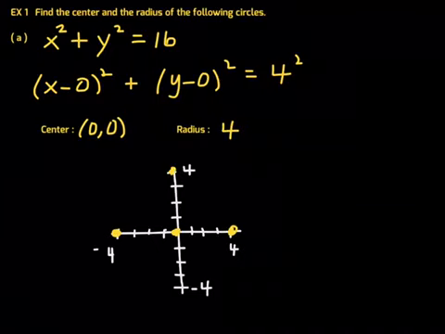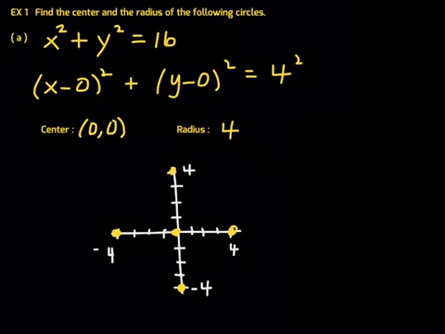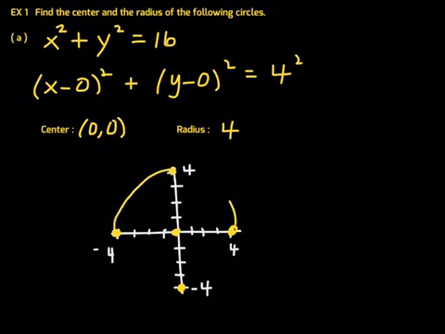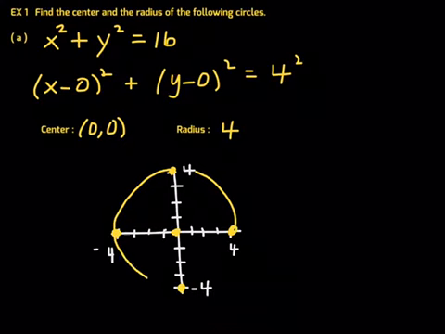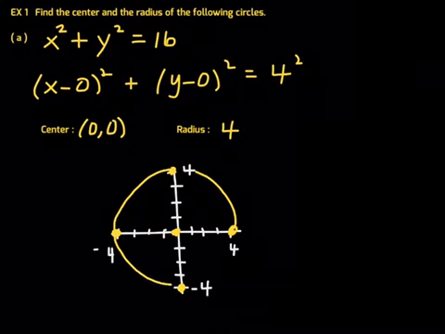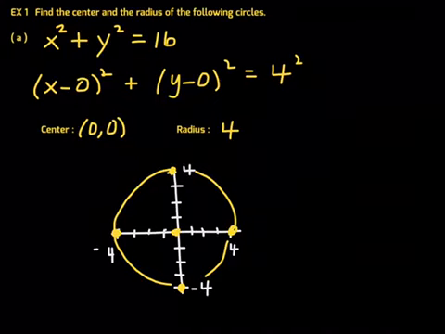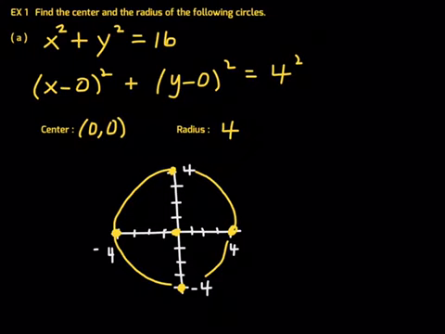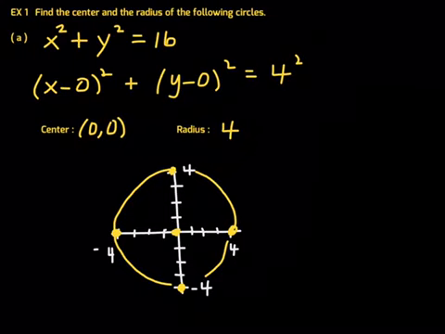If I move 4 units down, I'm at 0, negative 4, right? And so then your circle looks something like that. Please be very forgiving about my circles, okay? I did that by hand, so it does look a little sloppy. But this is what the circle would look like.